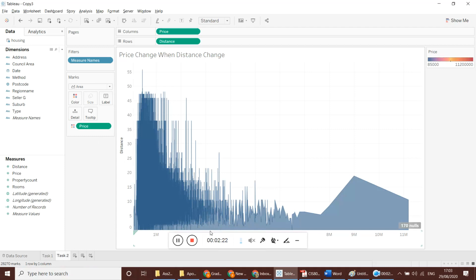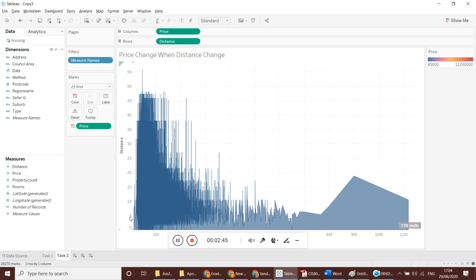Coming to the second activity that we should perform, it was asked to establish a relationship between price and distance. We have taken distance from 0 to max on the y-axis, and 0 to 11 million on the x-axis. This is the price of the house, and this is the distance of the house from the city maybe.